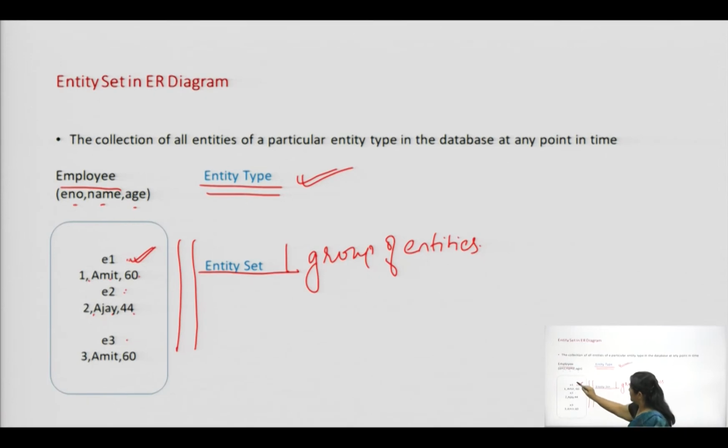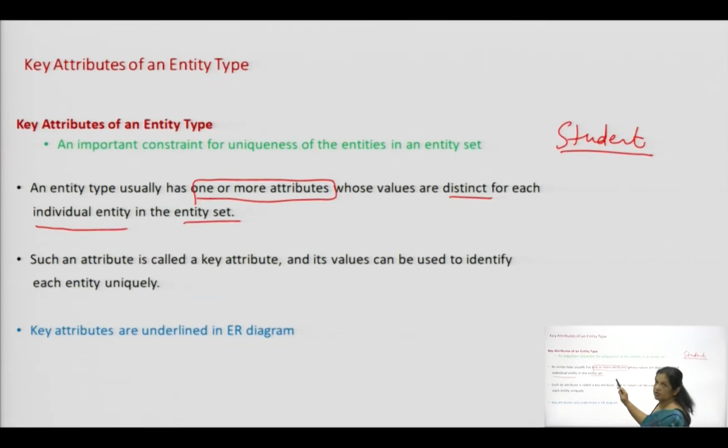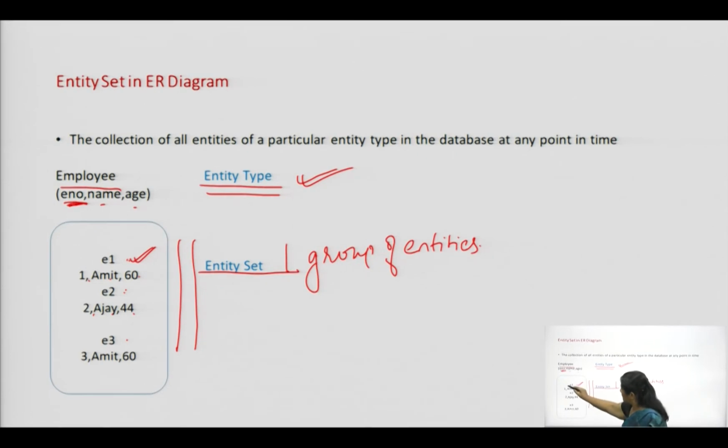So, if I say over here ENO is the key, then ENO should have the property that the value of ENO is distinct for each individual entity in the entity set.